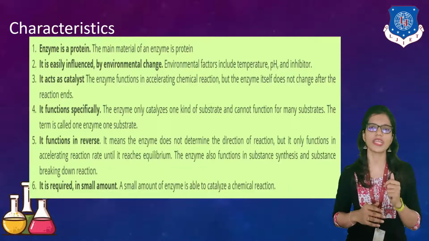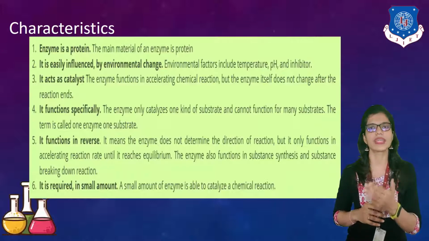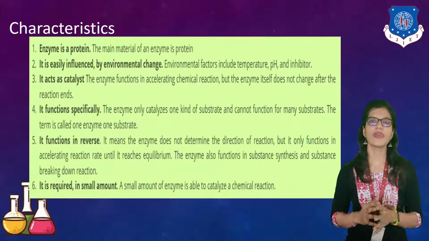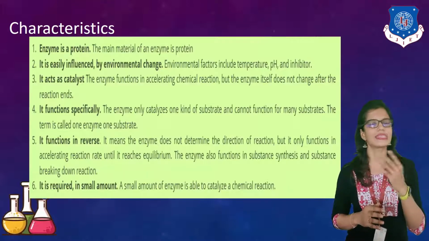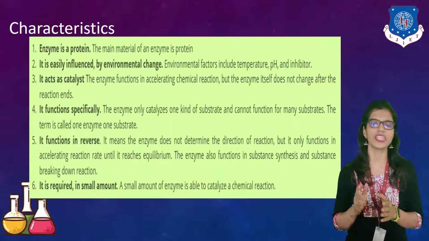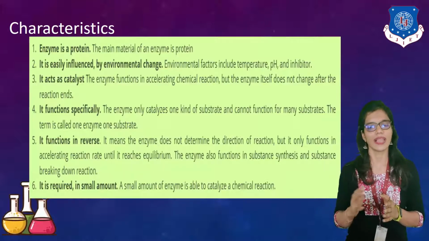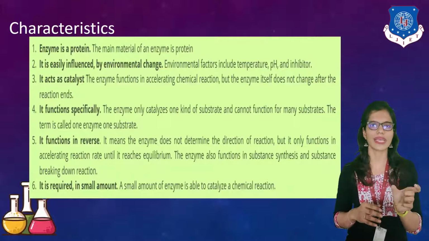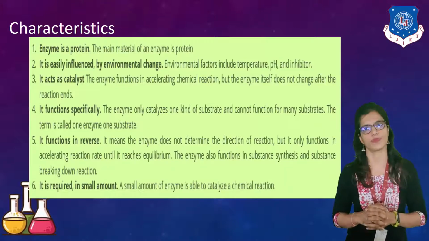If we lower the temperature, then the activity of the enzyme will be changed. If the temperature is raised, then the activity of the enzyme will be different. Similarly, if the pH changes, it gets deactivated, or at certain pH changes, it gets activated. Likewise, under the influence of inhibitors, the enzyme can be inhibited also.